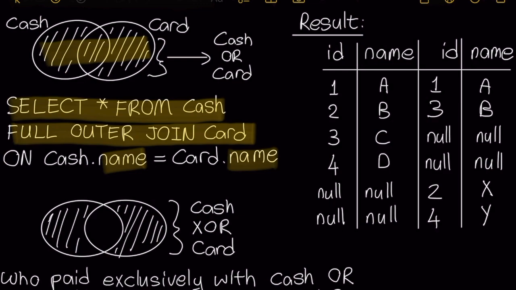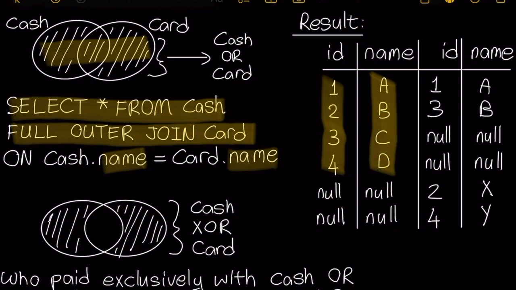To do this, first we simply take the cash table and go through the IDs here, 1, 2, 3, 4, and the names A, B, C, and D. Then we have the corresponding values on the card table. So for A, it's A and the same ID.